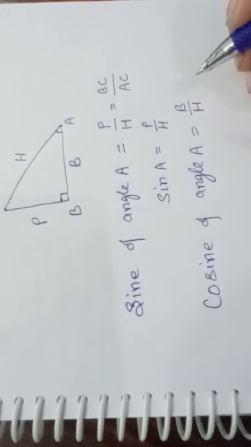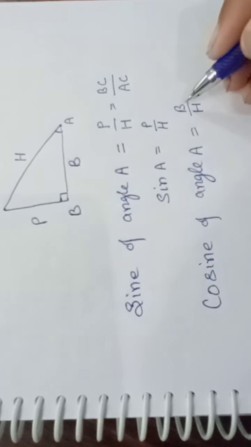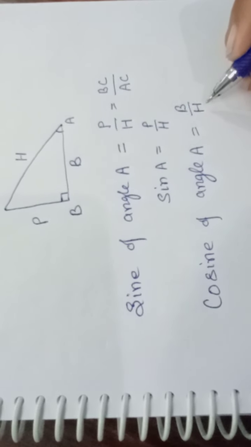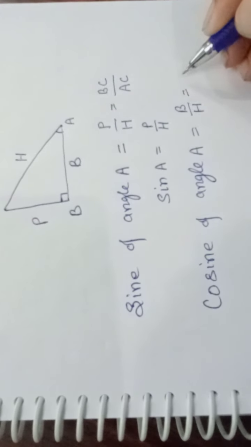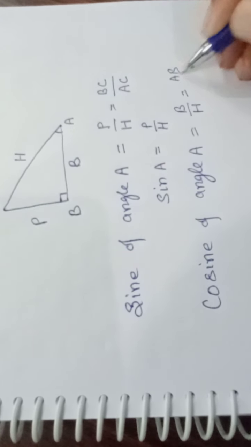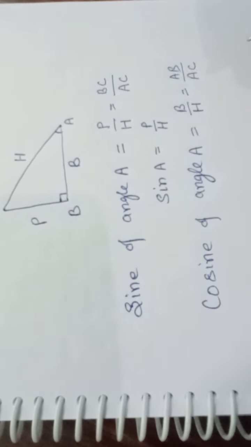It is ratio of base to hypotenuse. Base to hypotenuse, if we see the figure, then it is AB by AC.